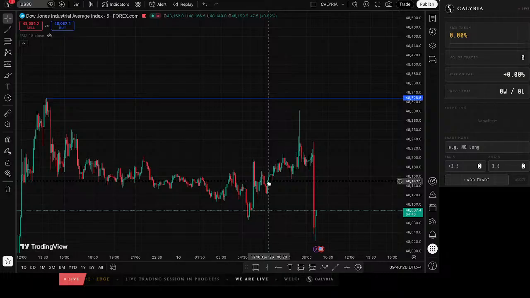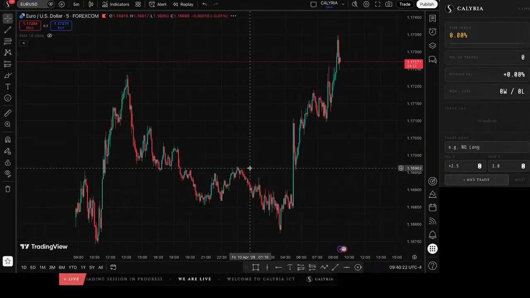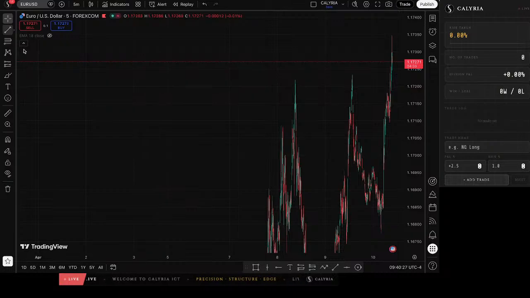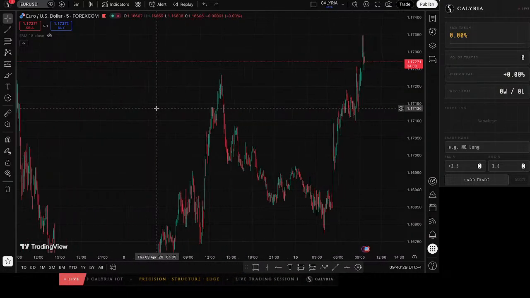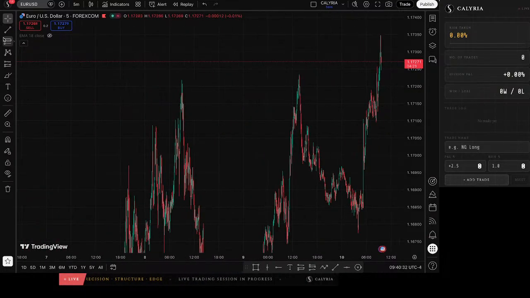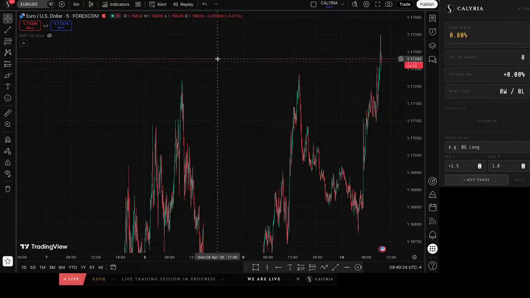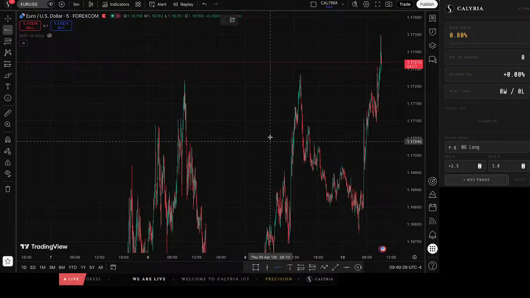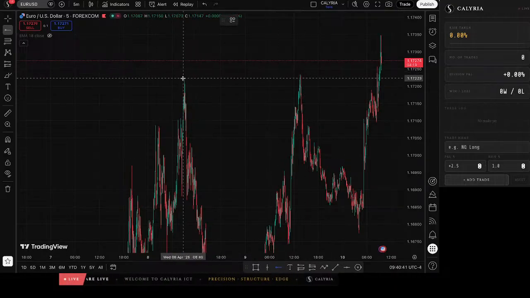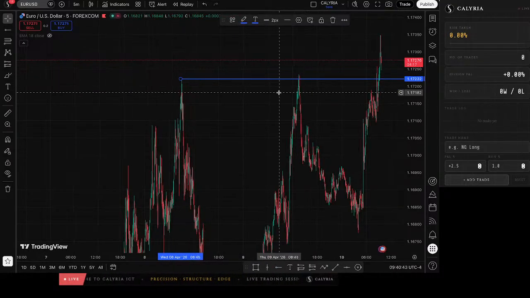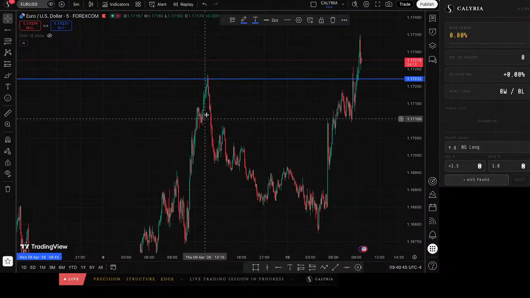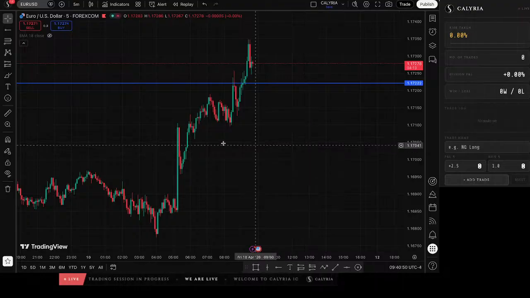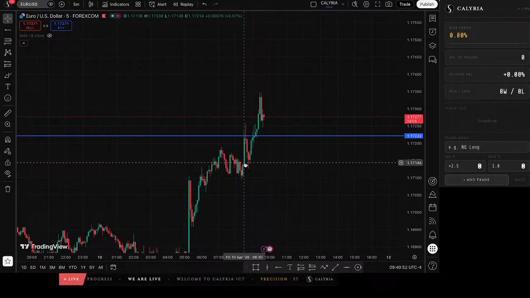Okay, so now for the step 3 people, look at this. Look at the beauty. I remember I said I would go short from this point, but when the market came here, I guess at around what time?